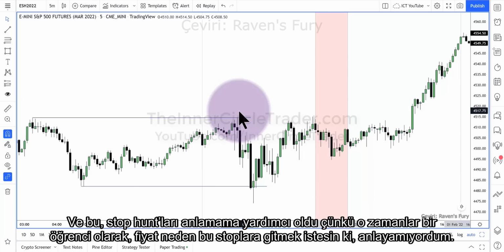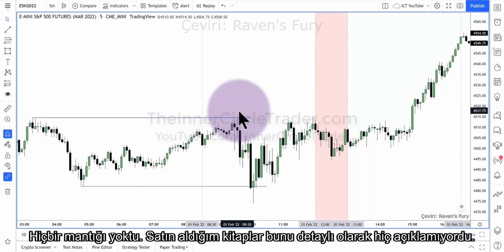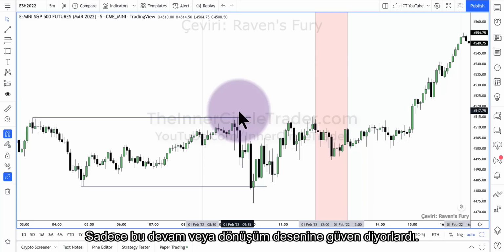they talked about. And it helped me understand stop hunts, because I couldn't understand it as a developing student, that why would the price want to go for those stops? It didn't make any sense, because the books that I had bought never really explained all that in detail. They just said, trust this pattern of continuation or reversal pattern.